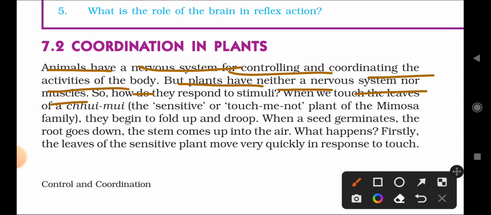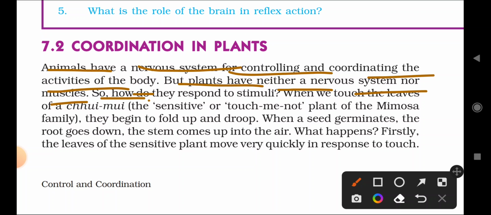Then the question arises here, how are plants communicating with each other, and which method are they using? That is the main question here.